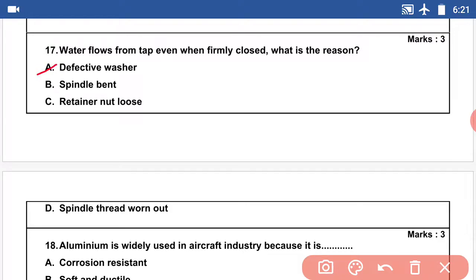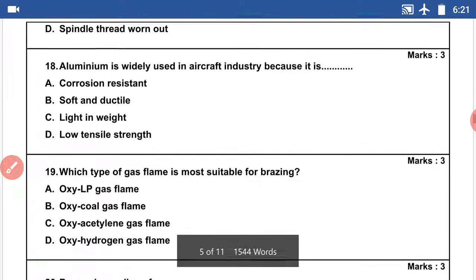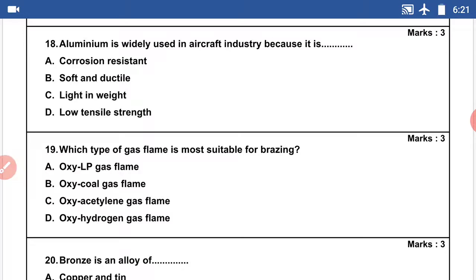Question number 18. Aluminum is widely used in the aircraft industry because it is dash. The answer is light in weight, option C. Question number 19.